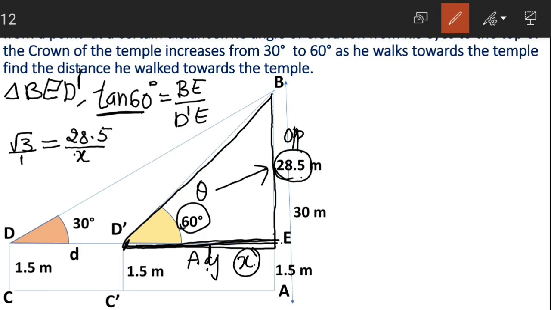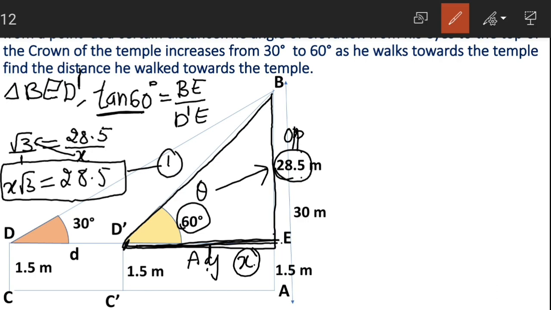We get x into root 3 is equal to 28.5 into 1. That is 28.5 meters. Let it be equation 1. I am not solving the x value because we need not find x here. We have to find d only. Just I am writing a relation, that is x root 3 is equal to 28.5 here.